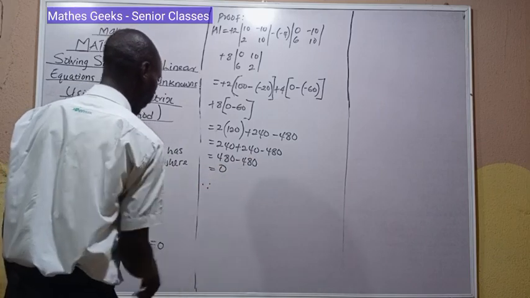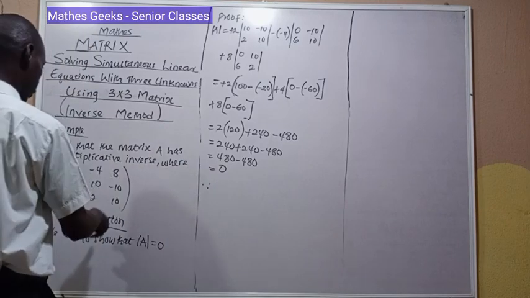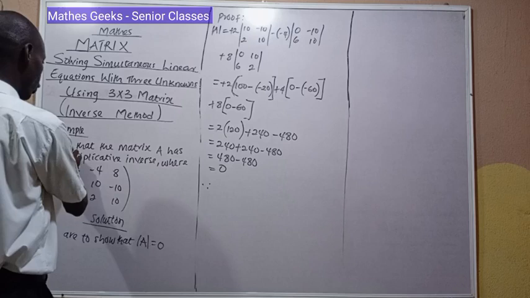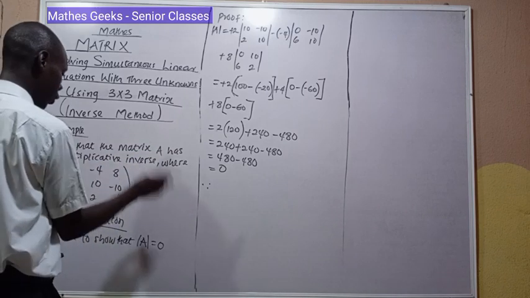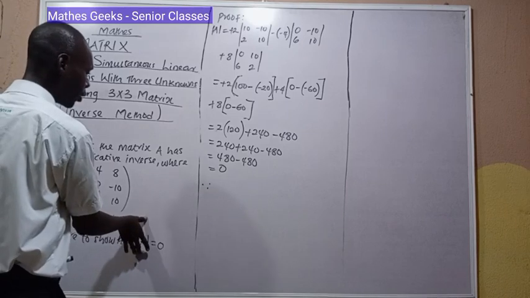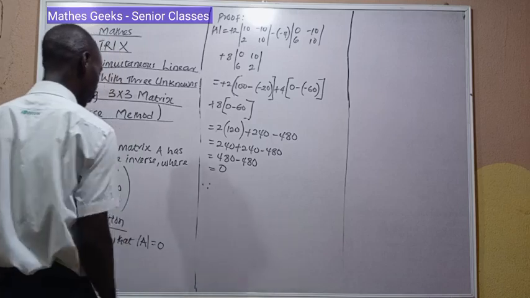So therefore, we can see that our determinant itself is equal to 0, and that's what the question says we should show. Show that the matrix A has no multiplicative inverse because the determinant of the matrix itself will be equal to 0.